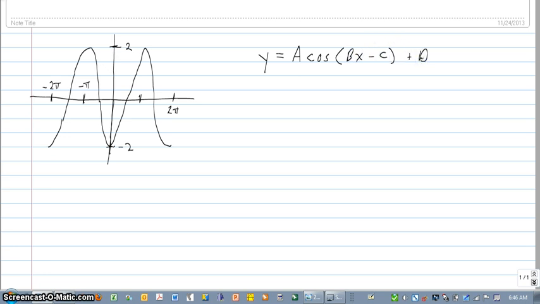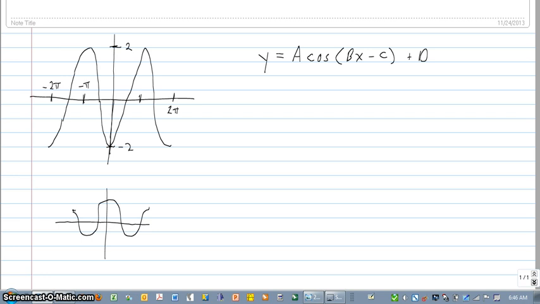And the reason is because if we took our basic cosine graph, where we know that cosine looks like this, it looks to me like the graph that we're given is just a cosine graph flipped upside down.